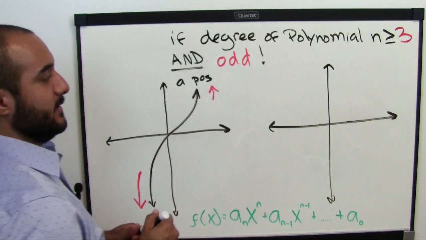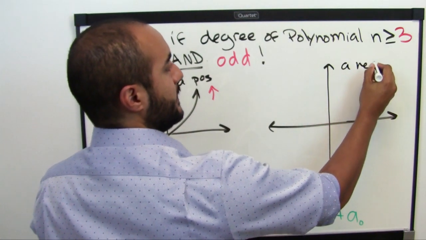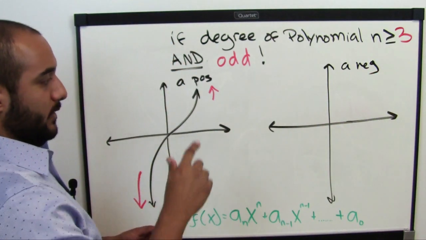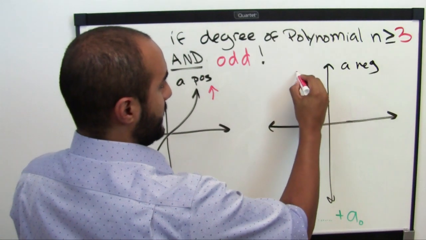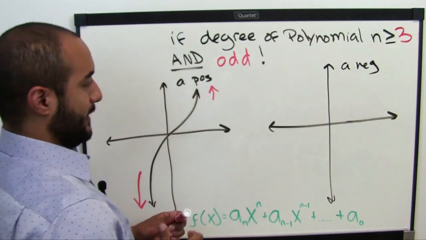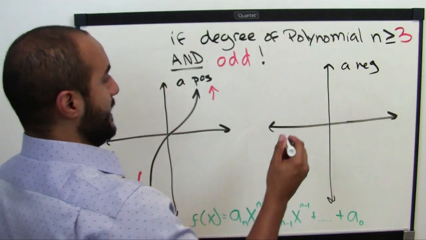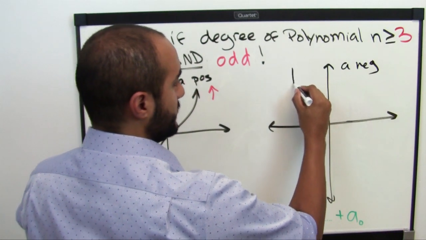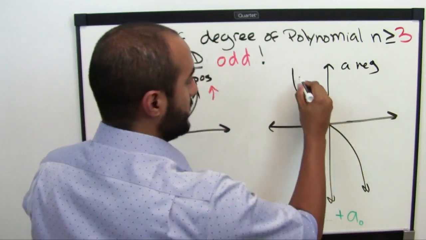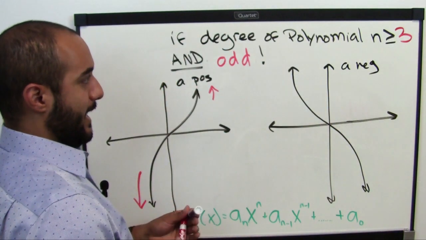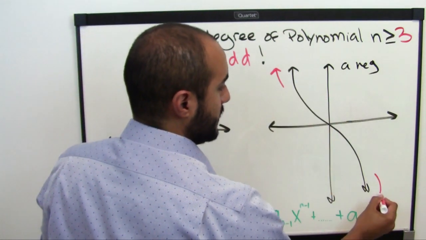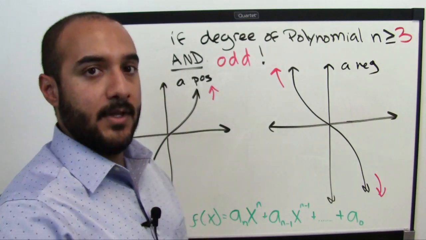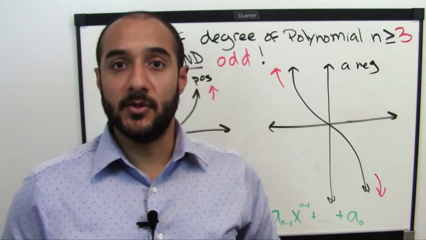And likewise, if my a is negative, we have our reflection about the x-axis again, and we have this. So we know our ending behavior for all those polynomial functions looks like this. Okay, let me prove it to you with the power of Desmos.